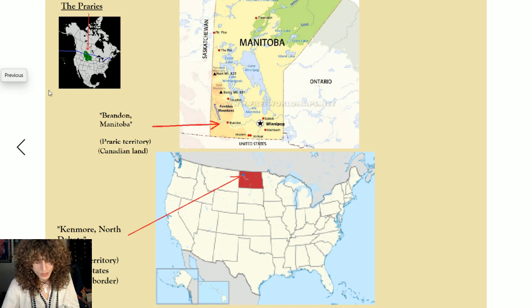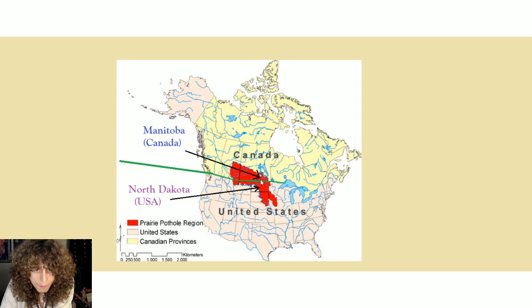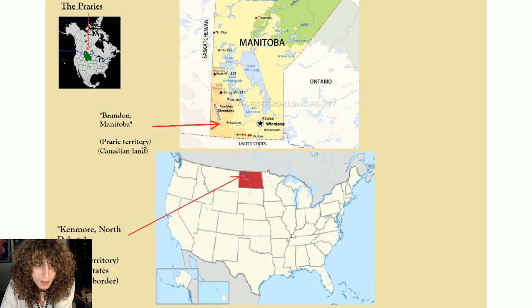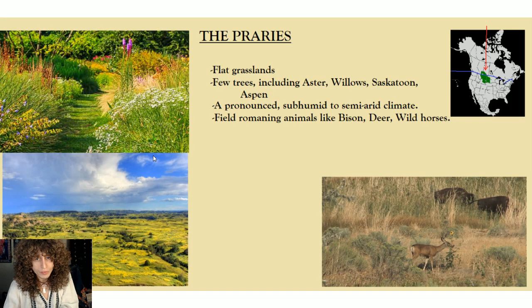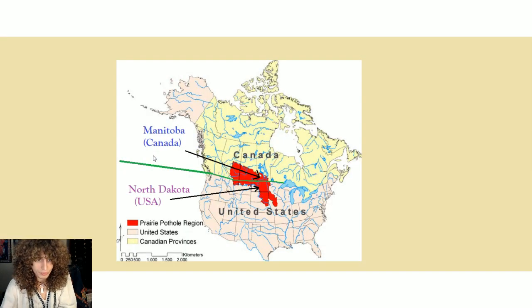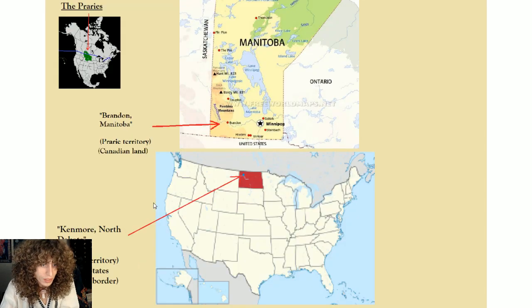So if you walk outside in Brandon, Manitoba, on the southern border of Canada, close to the United States border, and you notice the surrounding ecology, you'll find it's no different than somebody walking outside of what I've written as Kenmore, North Dakota, on the northern border of the United States, right?